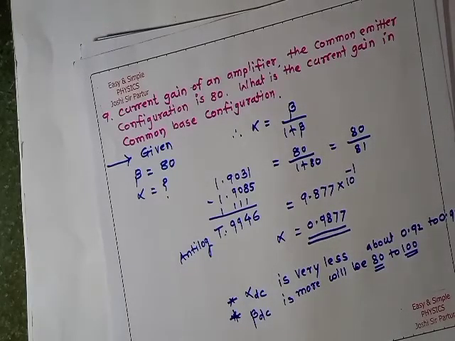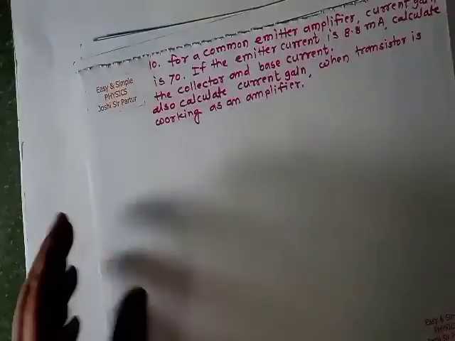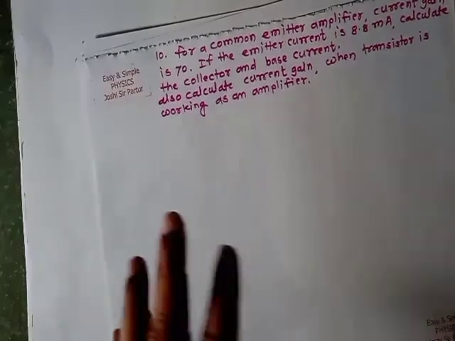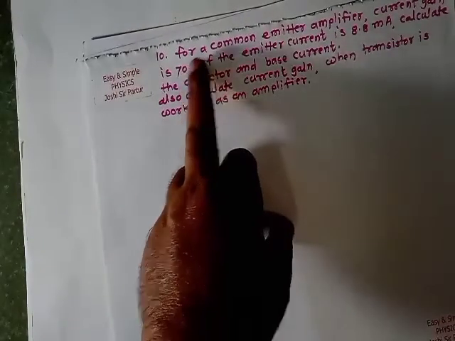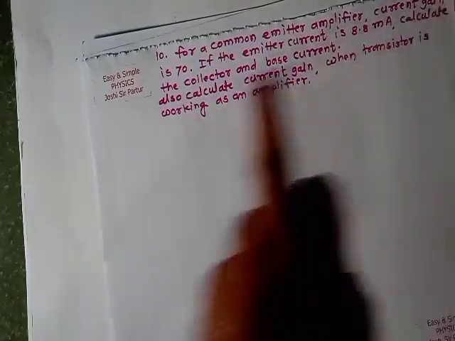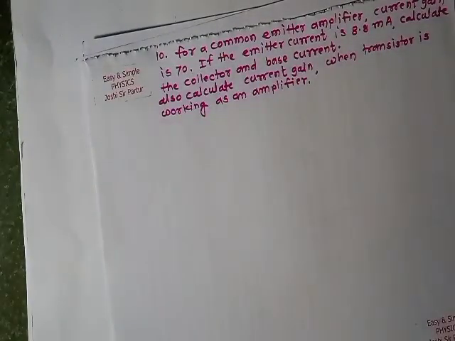If we can solve a numerical like this. The numerical is given as: for a common emitter amplifier, the current gain is 70.